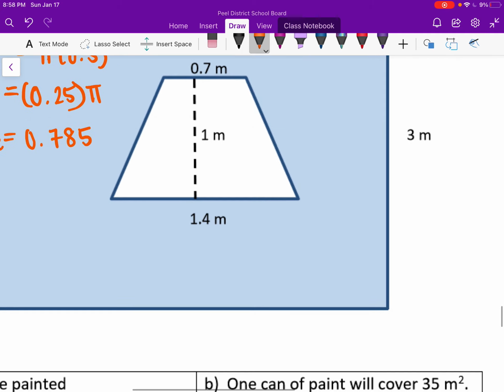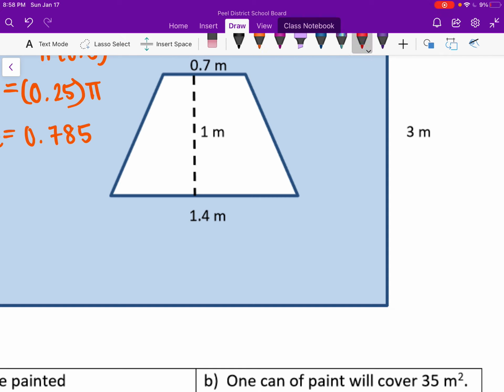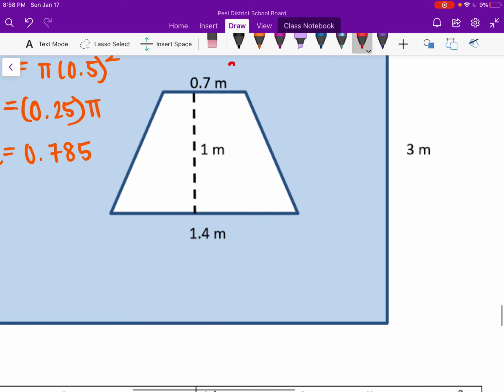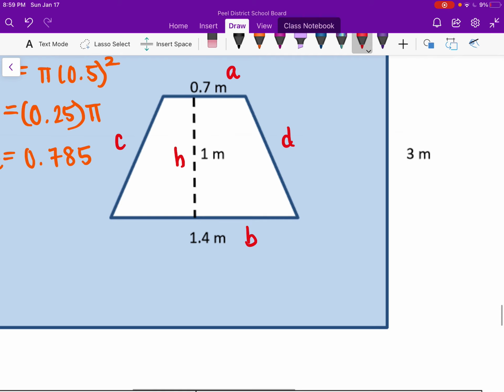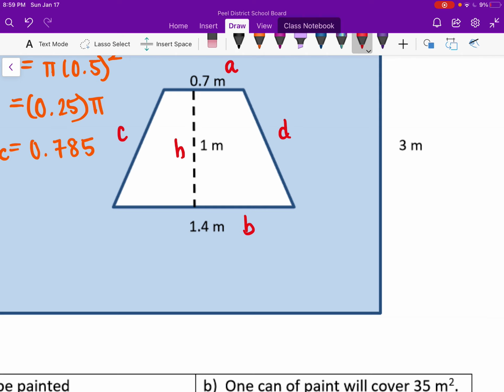Now, I'm going to find the area of this trapezoid. If you look at your formula sheet, it tells us what the area of a trapezoid is. I'm going to label this trapezoid with the relevant letters. So this is D, this is B, this is H, and this is C. I took this straight from your formula sheet, which you will have access to on a test or a quiz.